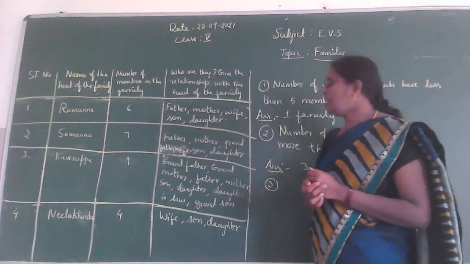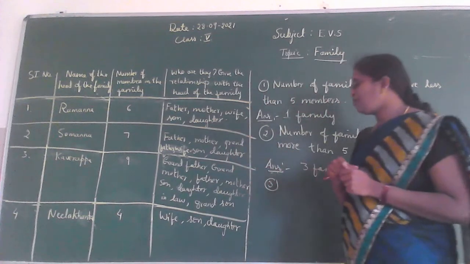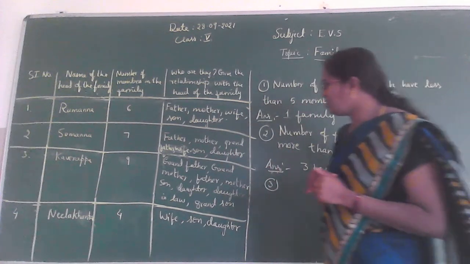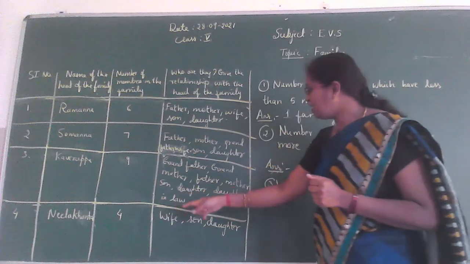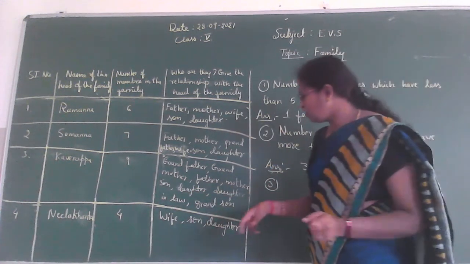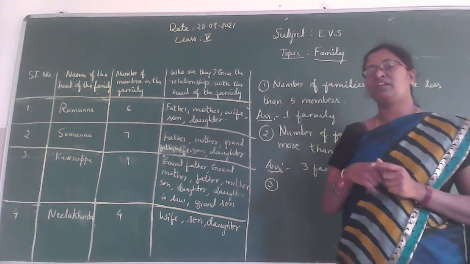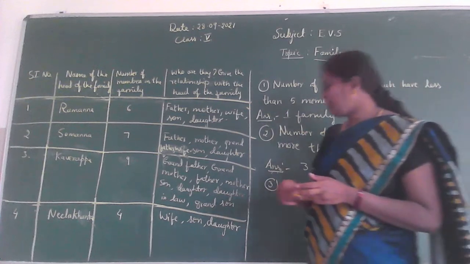So let us move to the next family, that is Nilakanta's family. How many generations are there in the Nilakanta family? Nilakanta and his wife are the first generation, and then son and daughter, the second generation. Okay. So we can get the answer.